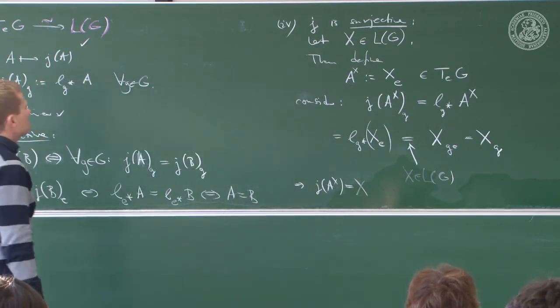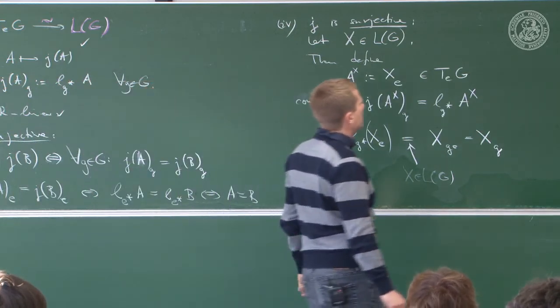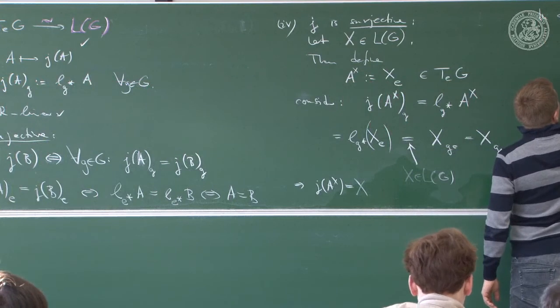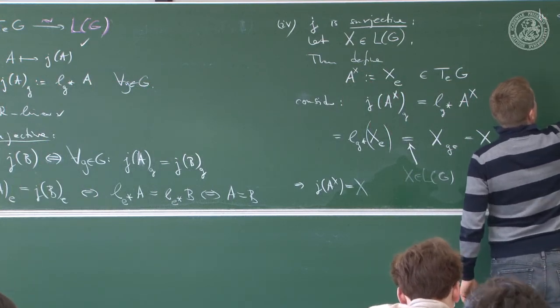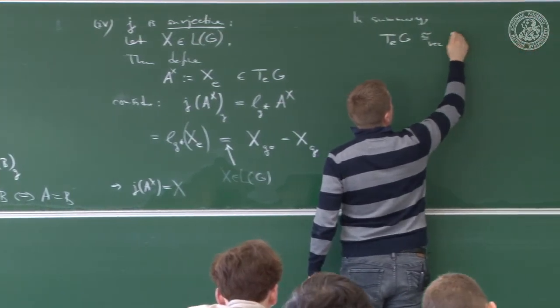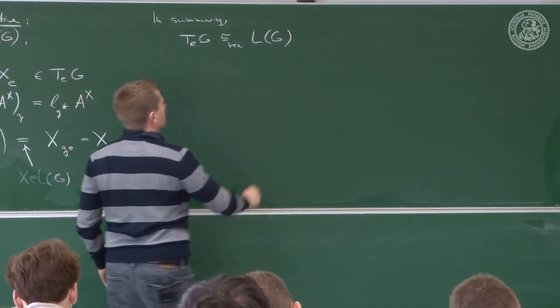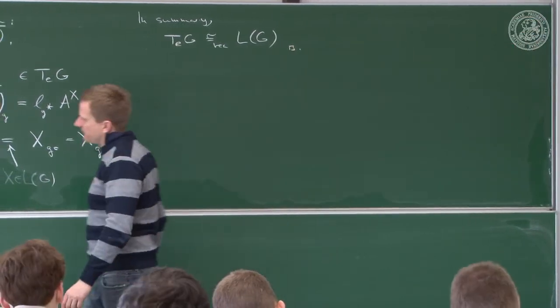So the map is also surjective. In summary, TEG as a vector space is the same as LG. And that was what we wanted to prove.